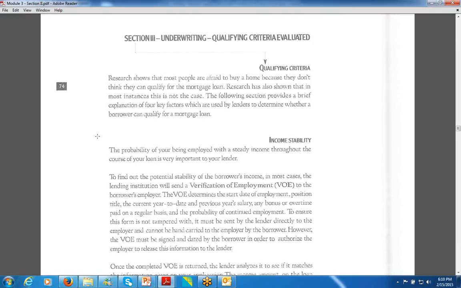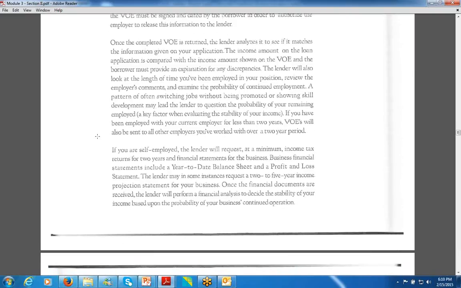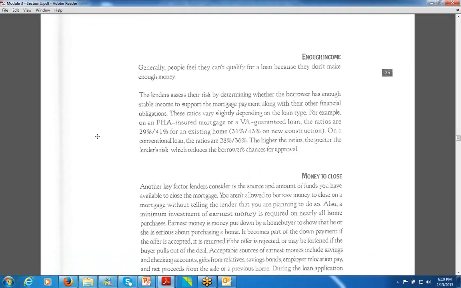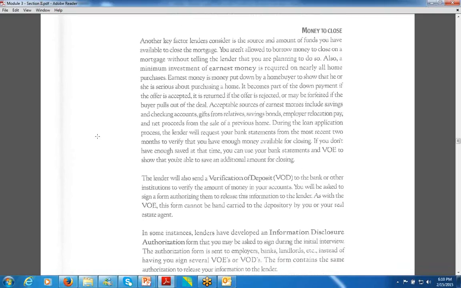Okay, income stability, we talked about that, the verification of employment. So we'll move through that. Do you have enough income? Again, your debt ratios will tell you. All right, so we'll move through that. The money to close. We talked about that and the verification of deposits.